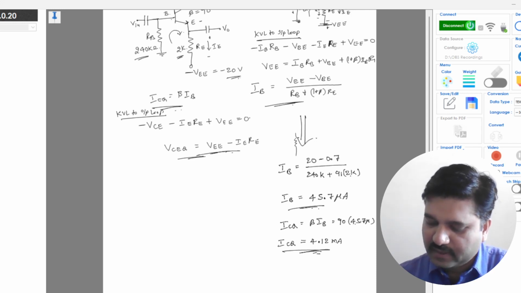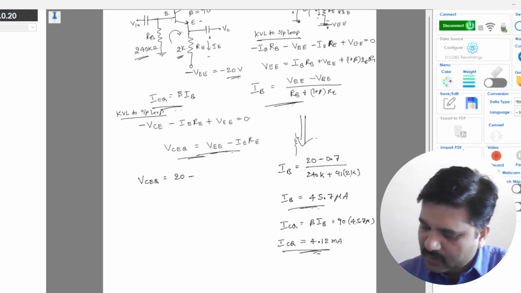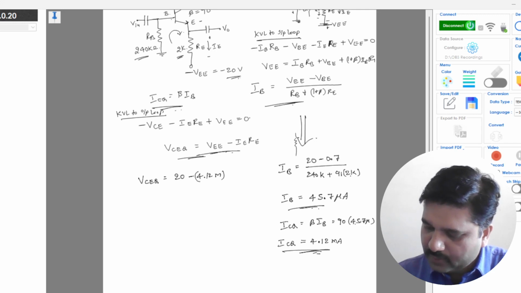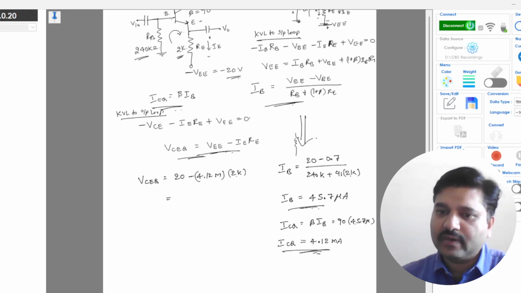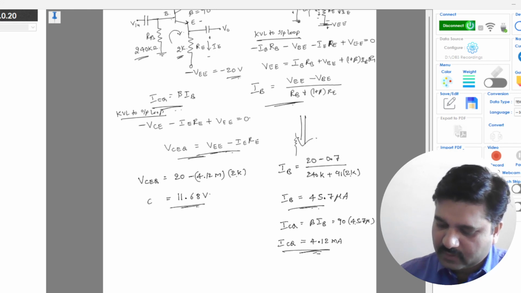So this is ICQ. Similarly, you can calculate VCEQ. So VCEQ is 20 minus, so IE and IC are almost one and the same, 4.12 milli into 2 kilo ohm, right? So on solving this, you will get VCE as around 11.68 volt.